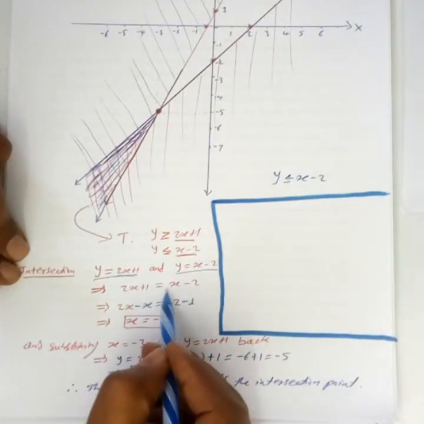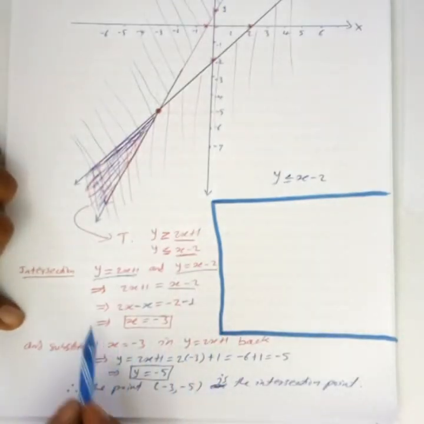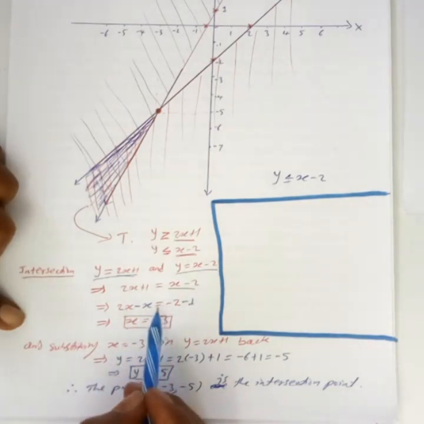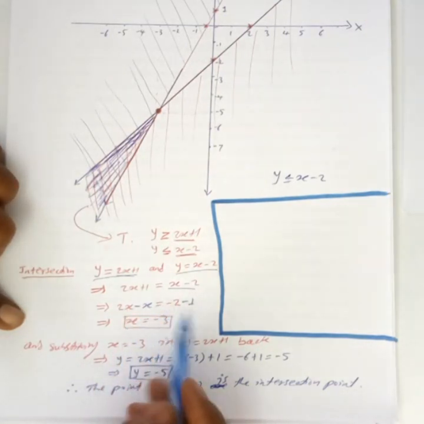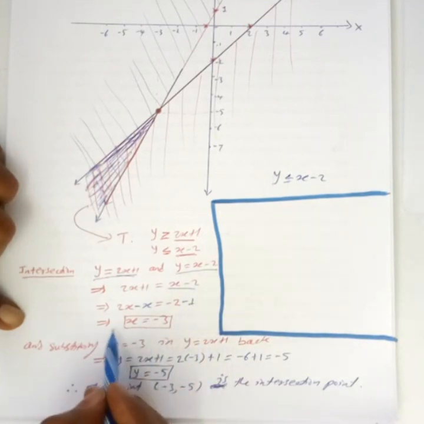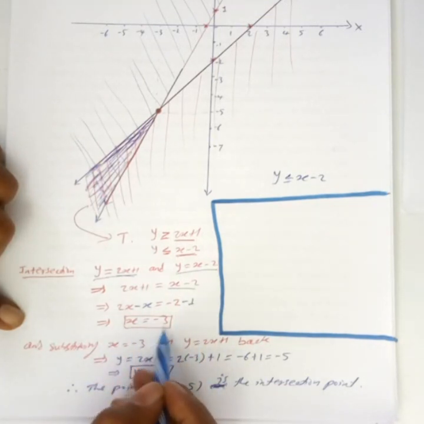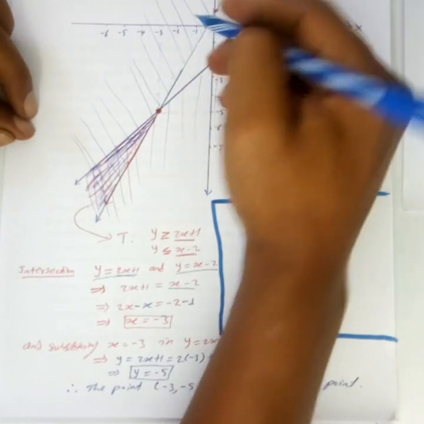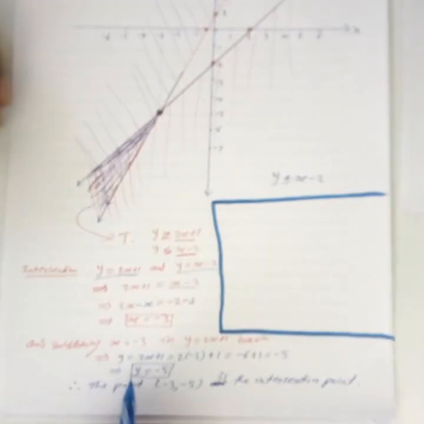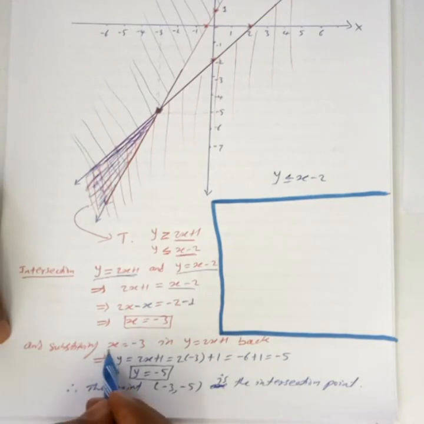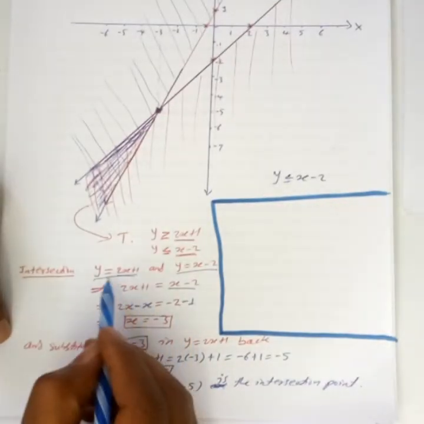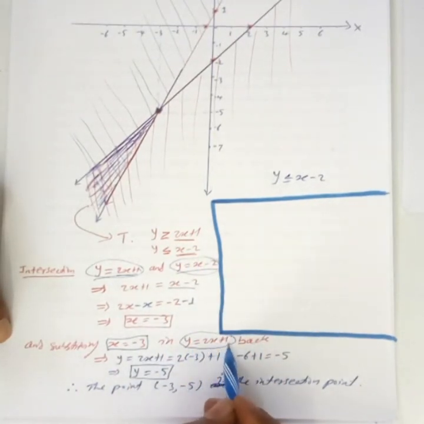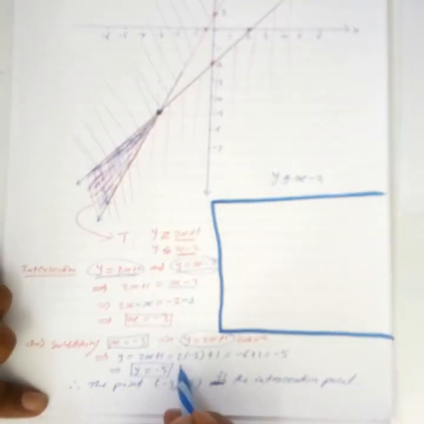we consider the equation 2x plus 1 is equals to x minus 2. After this collecting like terms, we have the following relation: 2x minus x is equal with minus 2 minus 1 on the right side, and as the last we will get x is equals to negative 3. This is the point where the lines intersect at x equals negative 3. And substituting back x equals negative 3 into one of these equations, let us consider the first one, y is equals to 2x plus 1.